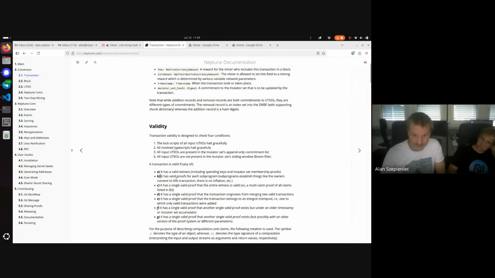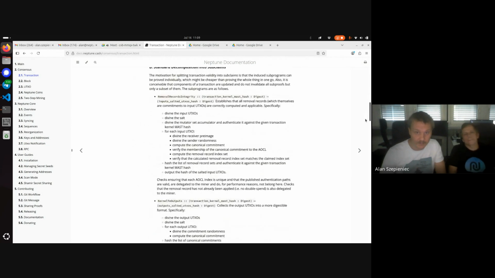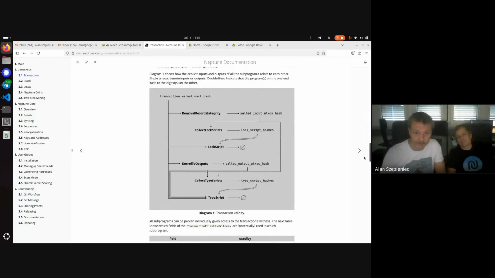I guess the documentation is a little outdated because we don't mention proof collection here, but that is the right rule. So if you want to know what a proof collection looks like, you need to look at the diagram down here, and the programs that are being proved are the bold text here.